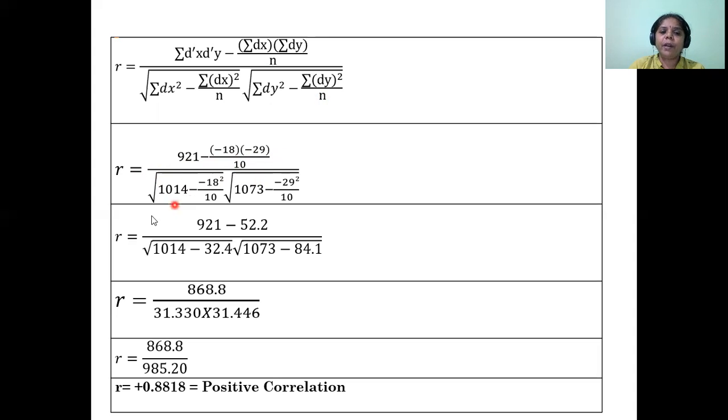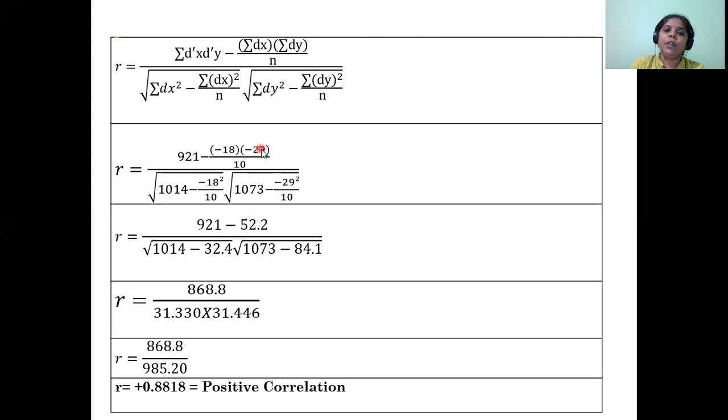Okay, whole divided by root of sigma dx square, which is 1014, minus sigma dx whole square, taking whatever sigma dx we got and squaring it, divided by 10, and root of sigma dy square minus sigma dy whole square divided by n, number of items, that will be 10. So this is 921 minus 18 into 29.